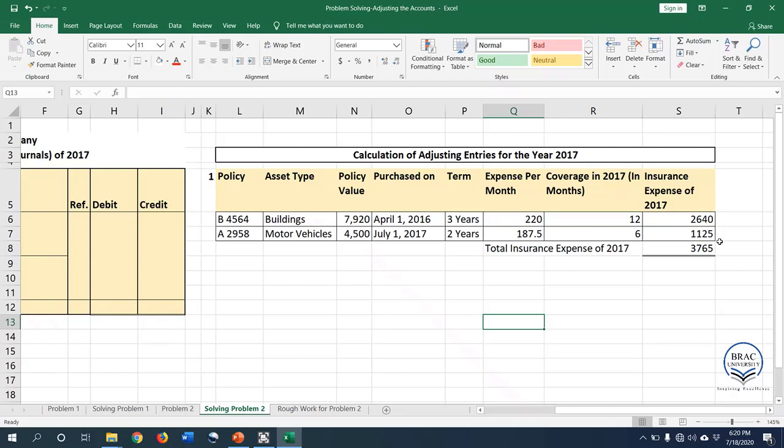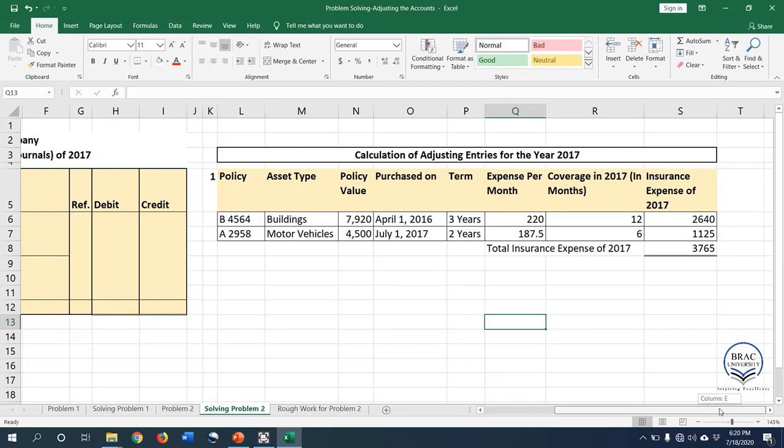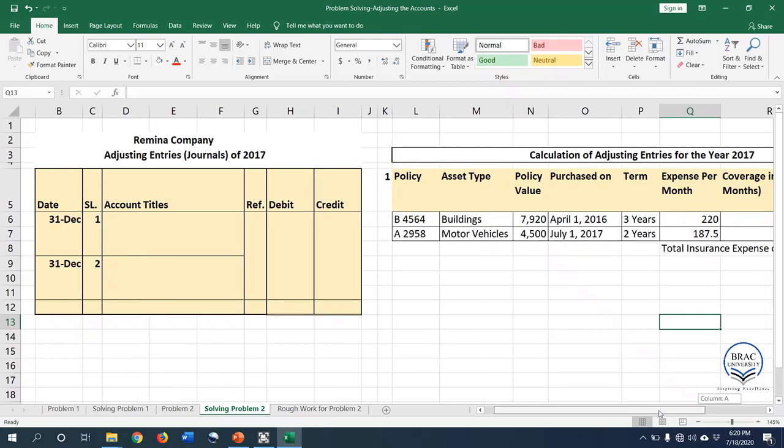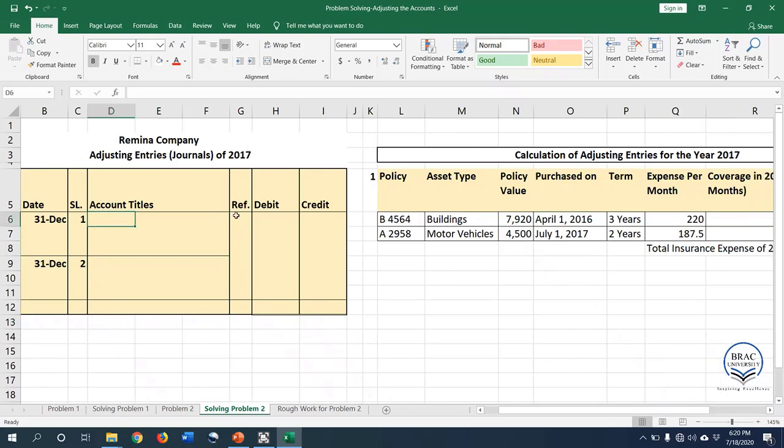We have calculated it. So since we have calculated, we can now write the adjusting entry for this comparatively complicated problem. Since this is insurance expense, you already know that the insurance expense should be debit, which you have already done in the first problem too. What should be the insurance expense value?